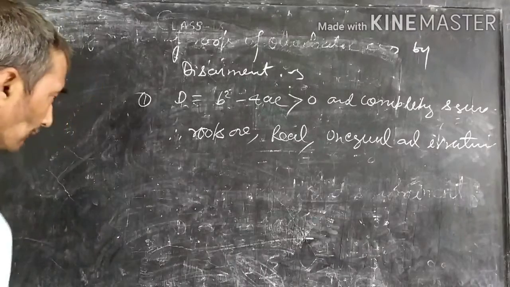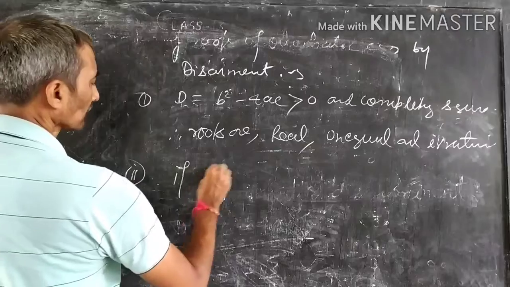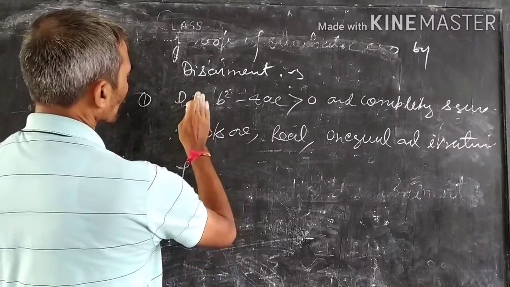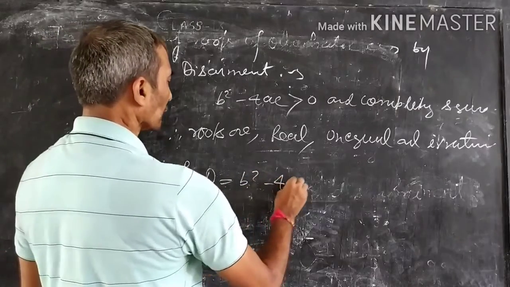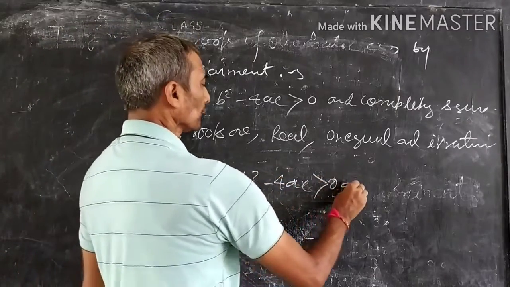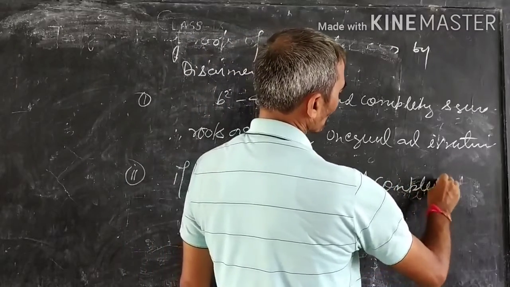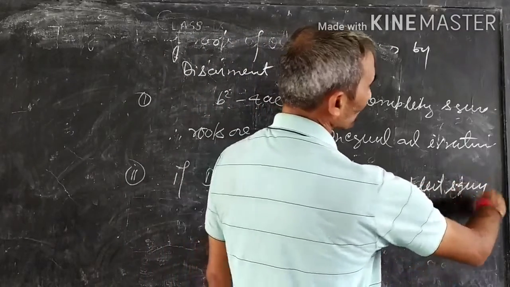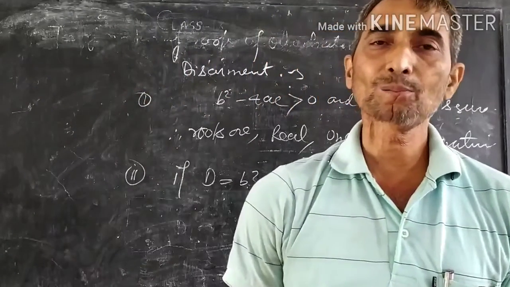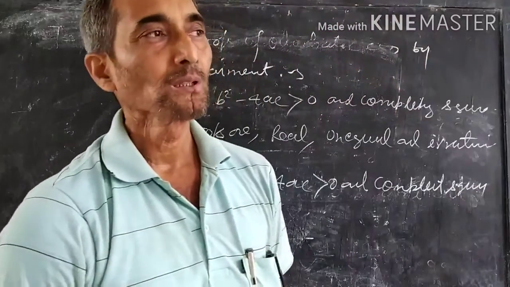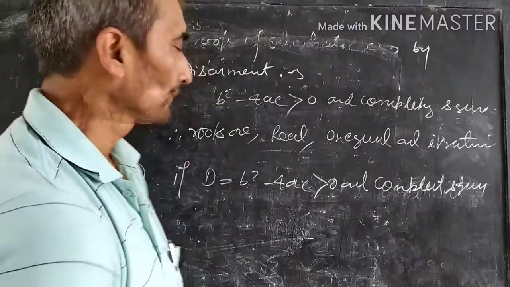And second, if D, that is b square minus 4ac, is greater than 0 and a complete square. Complete square means the value of D becomes just like 4, 9, 16, 25, 36, and so on.